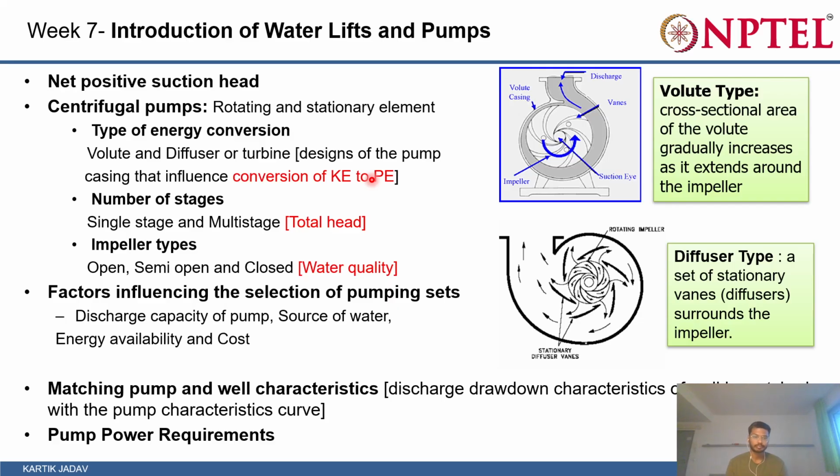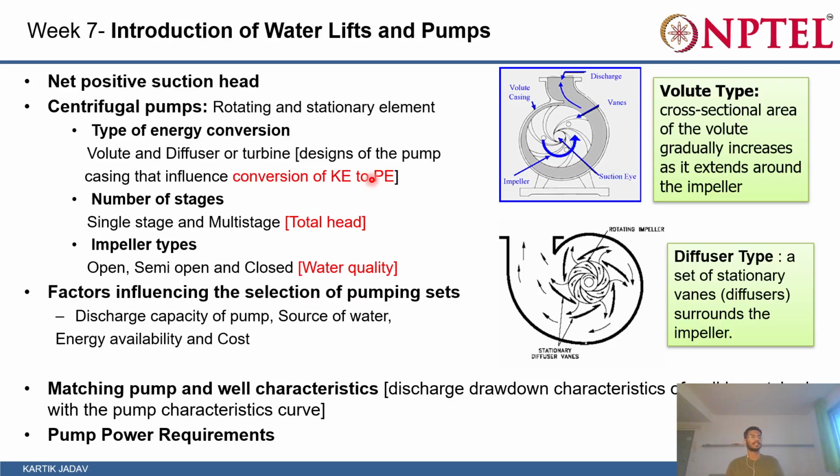And for number of stages, there are single stage and multi-stage centrifugal pumps. A multi-stage centrifugal pump delivers a higher head as compared to a single stage. Then impeller type is chosen based on the quality of the water you are pumping.